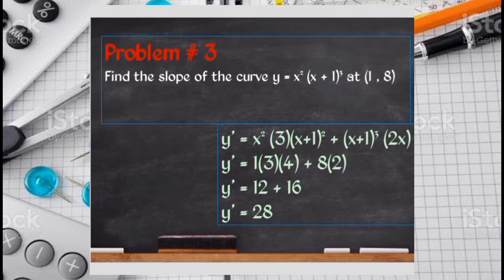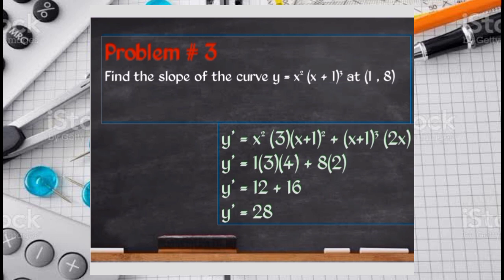y prime equals x squared times 3 times (x plus 1) squared plus (x plus 1) cubed times 2x. y prime equals 1 times 3. Our x is 1.